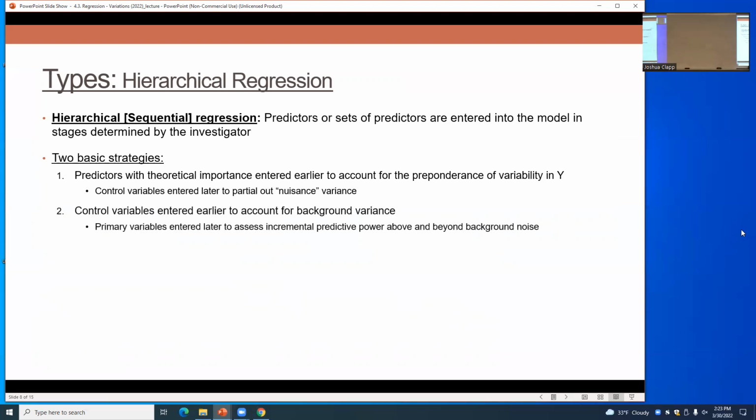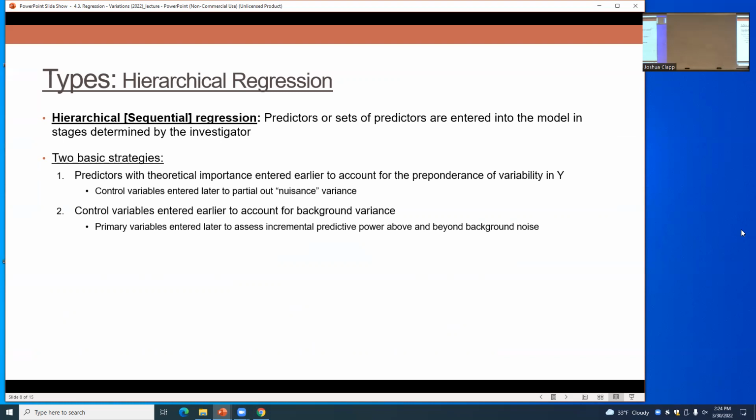The other possibility is to enter all the control variables first. In the first block, all your control variables go in, all your nuisance variables, all the other things that you want to account for. Then in the second step, you put in the stuff that you're really interested in to ask, does this account for things above and beyond our general background characteristics? It does not matter which way you do this.